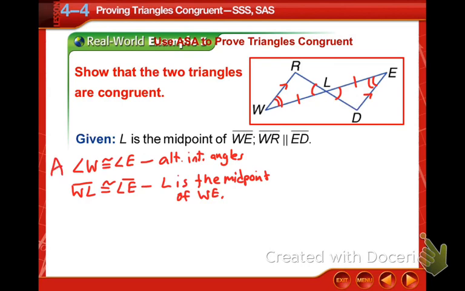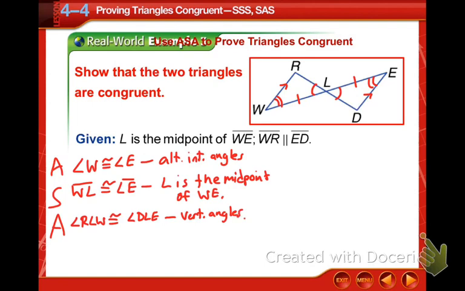So we have our angle, we have a side, now we need one more angle, and that is the vertical angles there in the middle. So we just need to name them RLW, congruent to angle DLE. And again, it's because they are vertical angles.